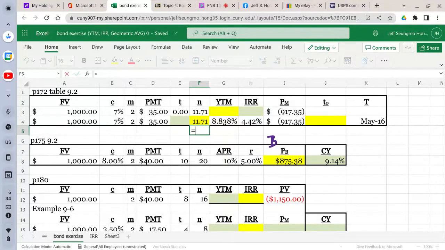So if you turn it into years, of course, you divide it by 2. It's 5.86 years. So 5.86 years back from May of 2016. So you will subtract from this.